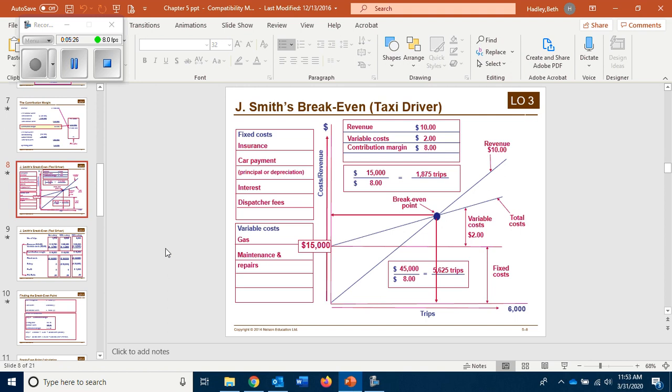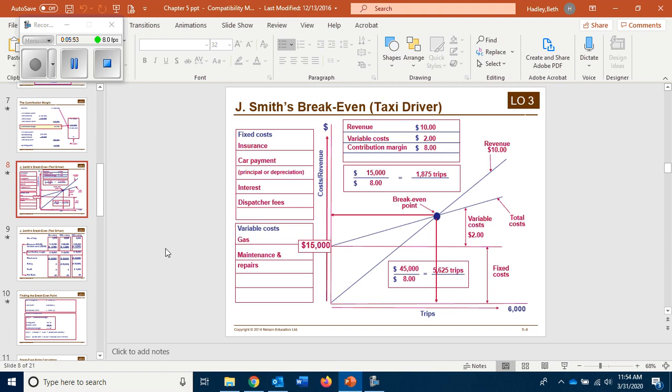Well, what are the variable costs? You can see here in the chart the variable costs. And again, you don't incur the variable cost unless you actually jump in the vehicle and drive. So the variable costs are directly related to every call you get and have to go pick somebody up. So they're gas and maintenance and repairs.